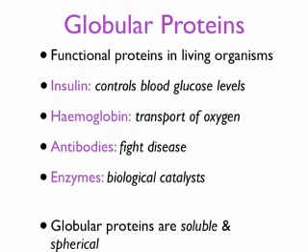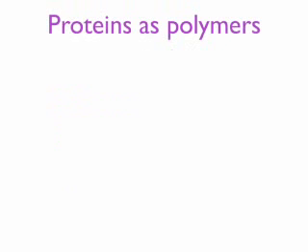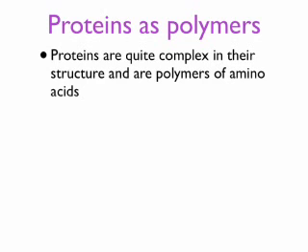And the difference is, of course, that they're involved in the functioning of organisms rather than the way that they are made up structurally. Now, with those two classes of proteins, we need to go and have a look at what the proteins actually are. Proteins are essentially polymers, and we're going to see that they polymerize in the same way that we're used to seeing so far in the chemistry course.